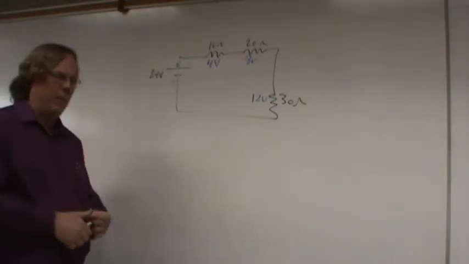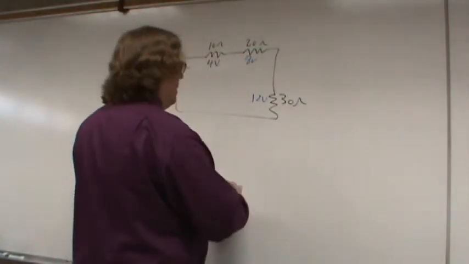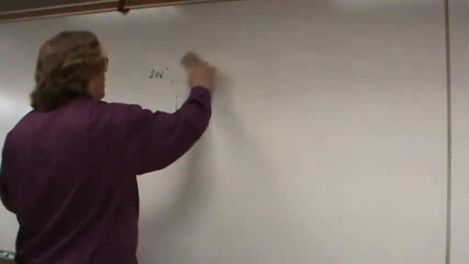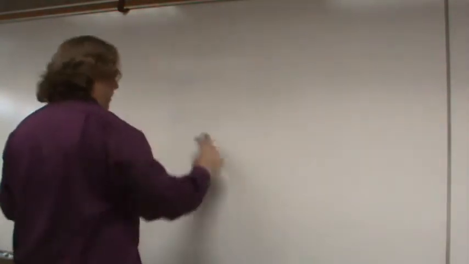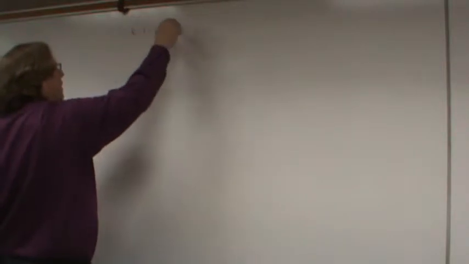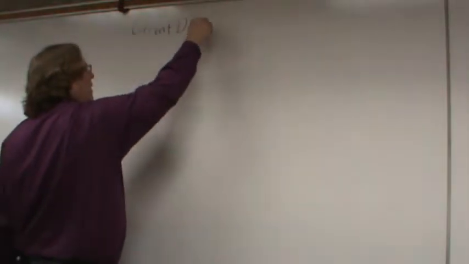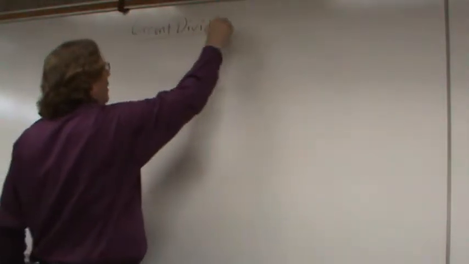So now I'm going to talk about current dividers. A voltage divider is resistors in series hooked across a voltage.